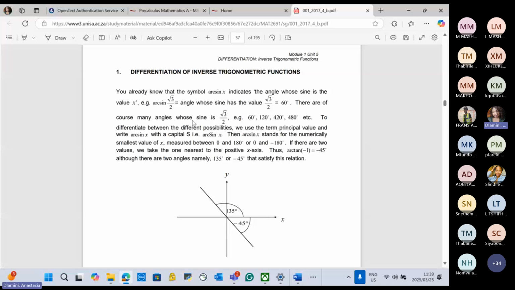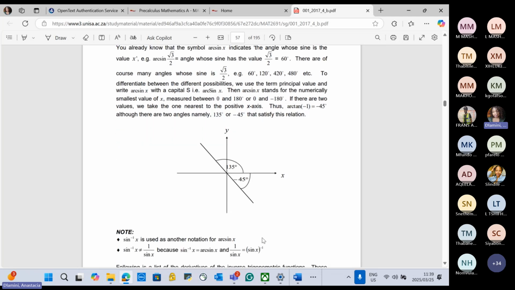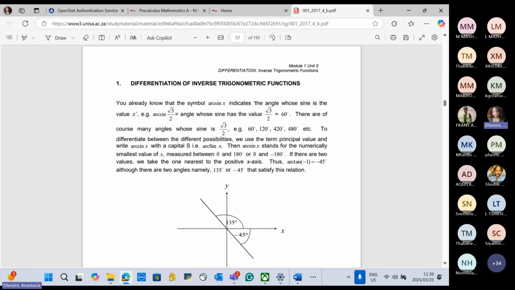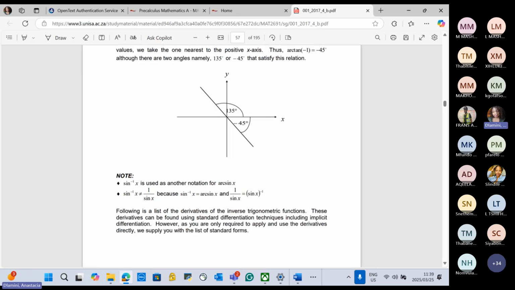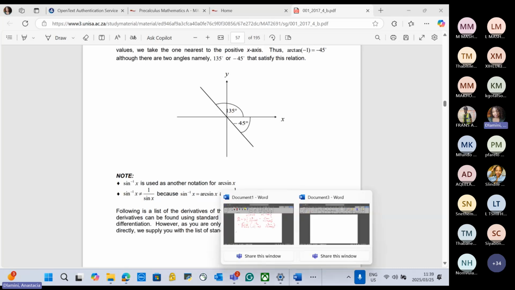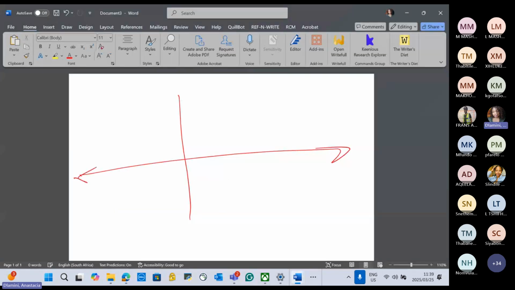Remember when in grade 12 you were doing trigonometry? They will have a Cartesian plane like this. Let me draw. You'll have a point somewhere, let's say the point is here, the point P(x, y).